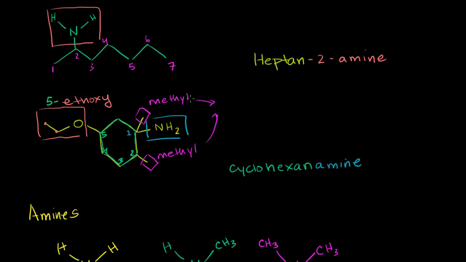These two combined, you would call 1,2-dimethyl. When you want to list them in order, the ethoxy takes precedence alphabetically, because the di shouldn't count in the alphabetical order. You're really looking at the methyl. M comes after E in alphabetical order. So let me just rewrite the whole thing.